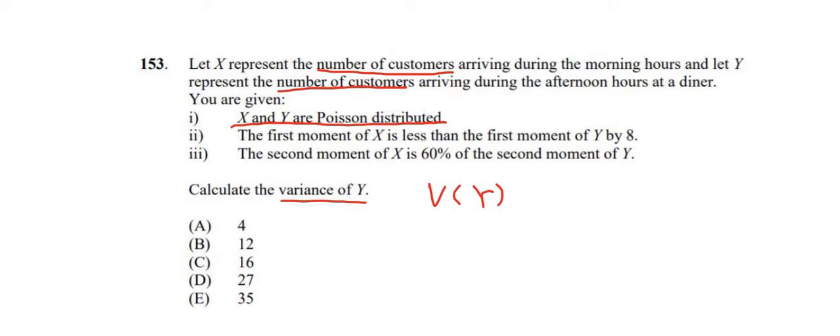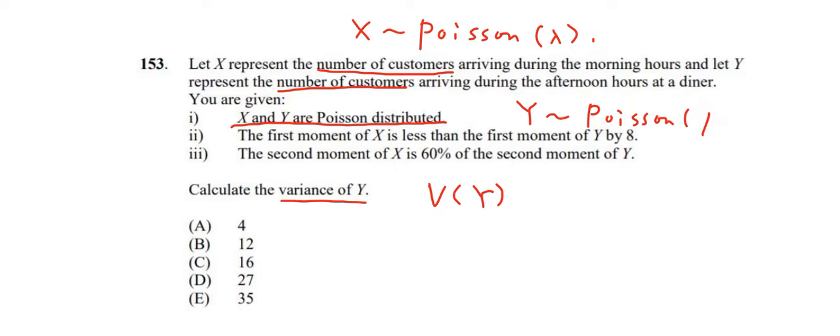So X follows a Poisson distribution with parameter lambda, and Y also follows a Poisson distribution, and the parameter is mu. Suppose. Here we want to find the relationship between lambda and mu. So we check those two conditions.